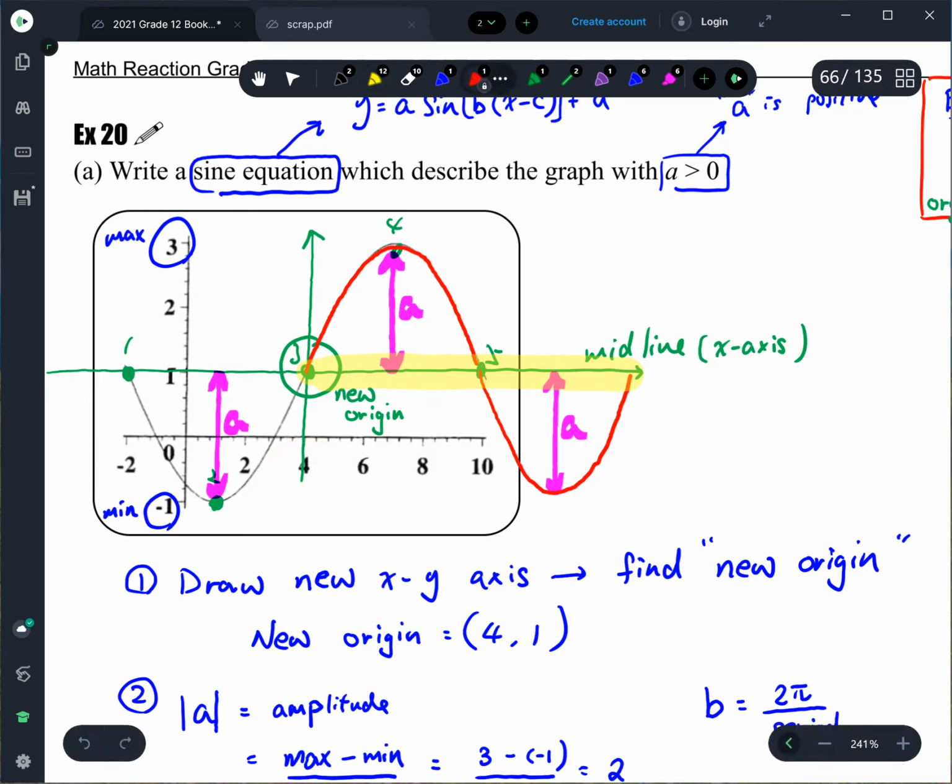From 4 goes up to 8, goes up to 10. So this gap is 6. So if you make another 6, it will complete the whole period.